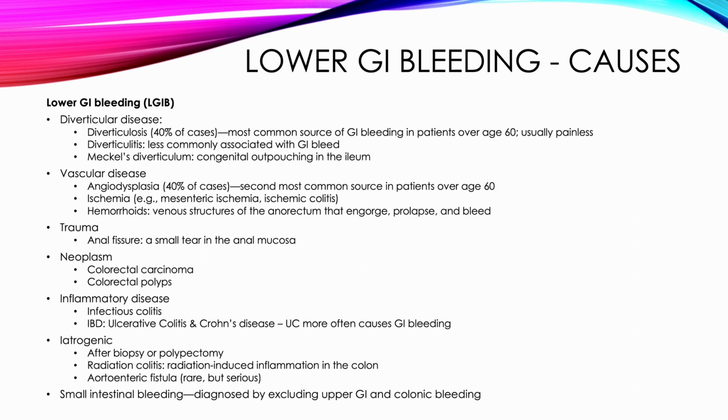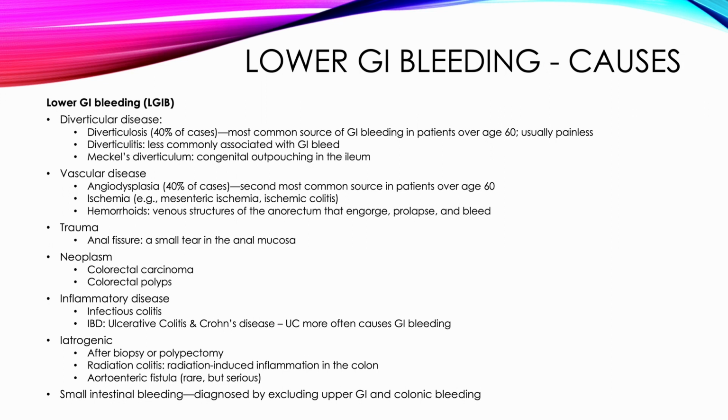Ischemia, so mesenteric ischemia and ischemic colitis, can both cause bleeding, especially in the later stages once the bowel starts sloughing and becoming necrotic. Hemorrhoids are a big-time lower GI bleed cause. Certainly don't want to chalk lower bleeding up to hemorrhoids without doing a more comprehensive investigation.